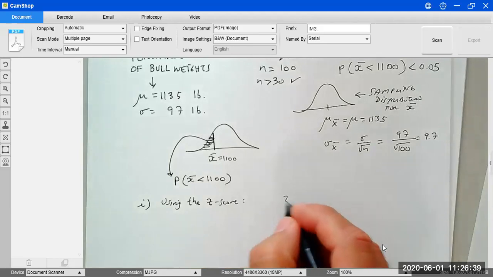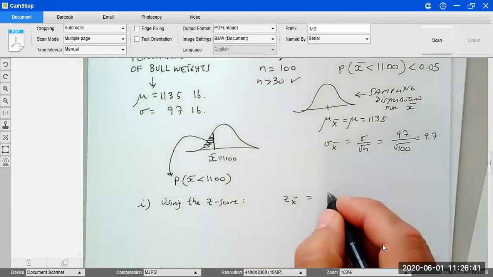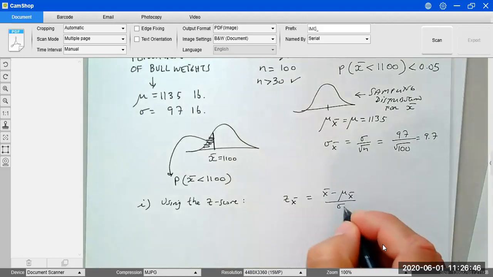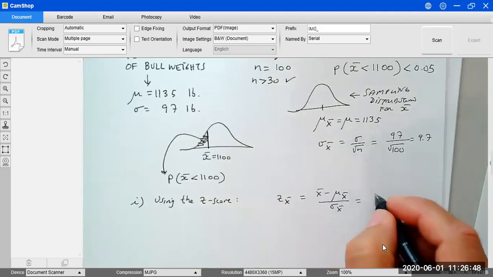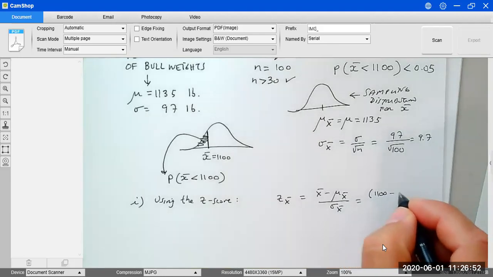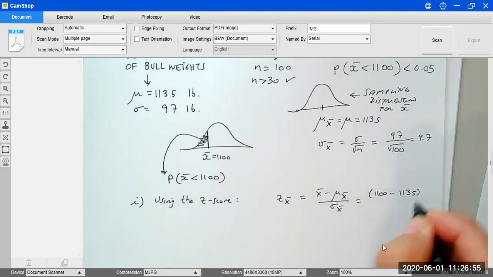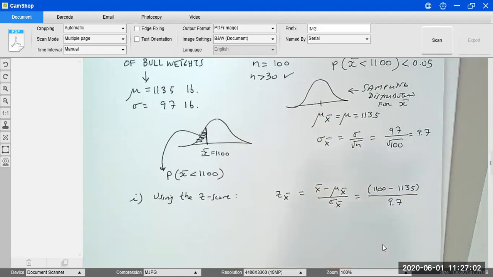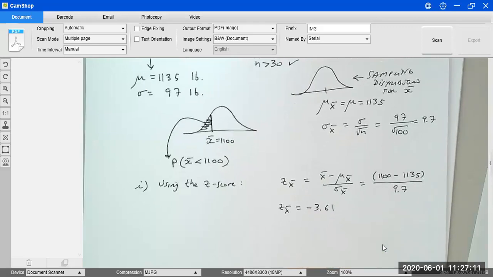Then the z-score for the mean is going to be just the mean minus the mean of the means over the standard deviation of the means. So this is just 1100 minus 1135 over 9.7, which is the standard deviation for the sampling distribution. So we do this computation and we find negative 3.61. That is the z-score.